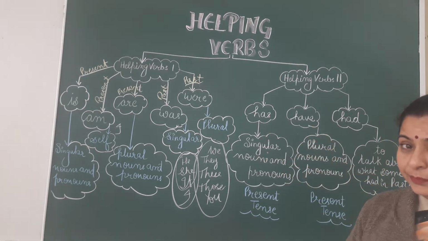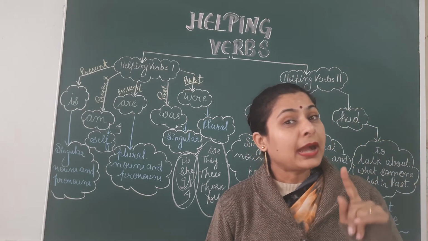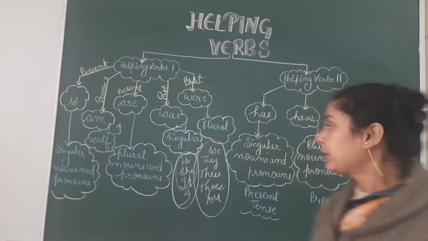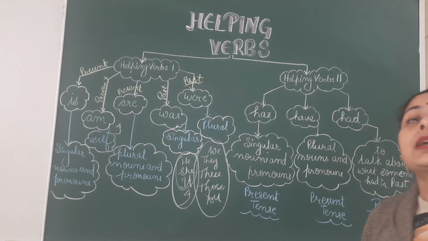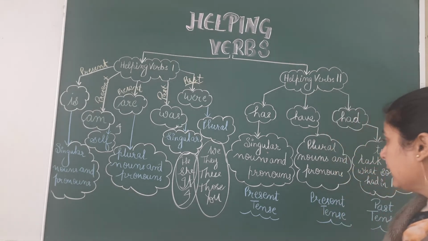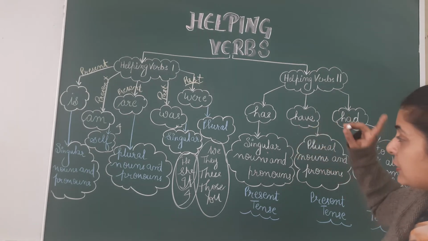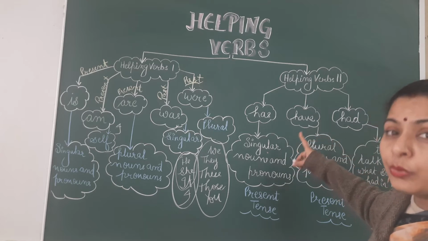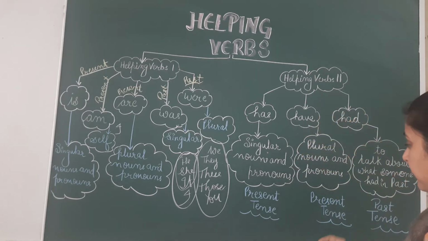Now have. If the sentence is in present tense and the subject is in plural form, it means plural nouns and pronouns का possession show करने के लिए कि उनके पास क्या चीज है, ठीक है, we use the word have. So with the words I and you, both are considered as plural words here.